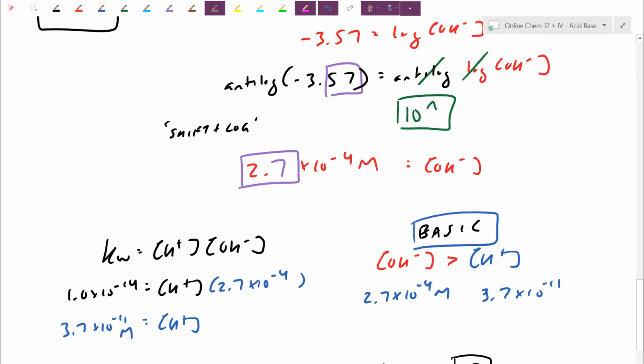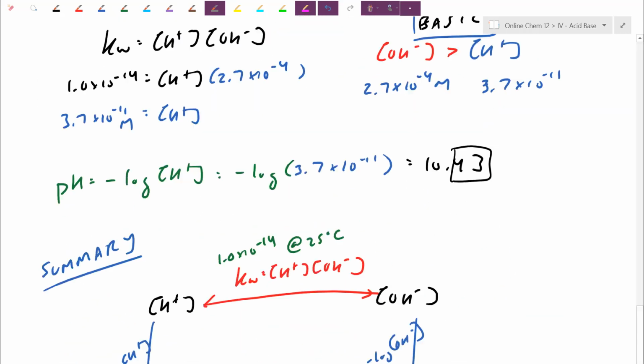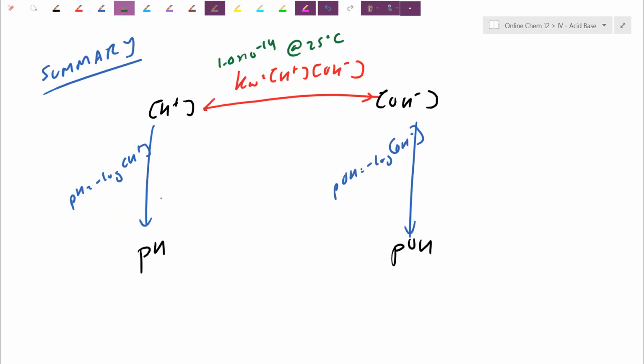How do I go from pOH back to just the OH? I had to pull the negative over and anti-log it. Going in reverse is a little bit harder. In words, it's anti-log of negative pH, or you can write anti-log as 10 to the power of. It's like 10 to the power of negative pH. That's how you do it in reverse.